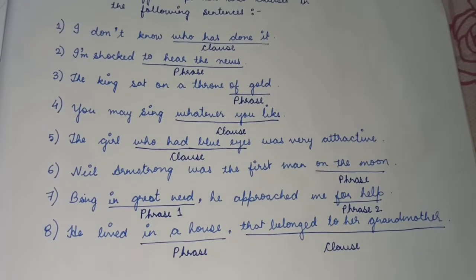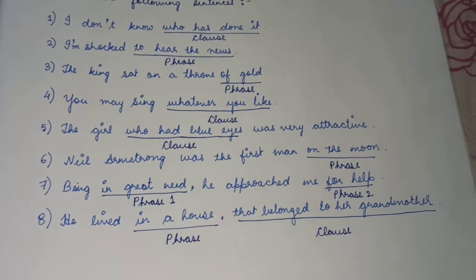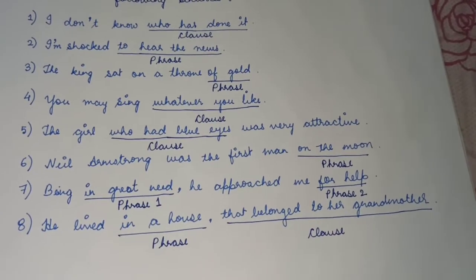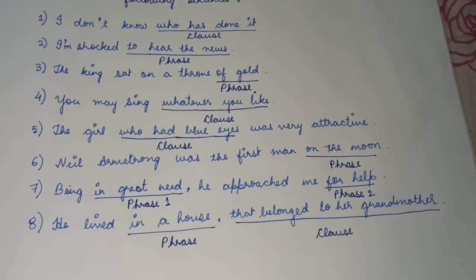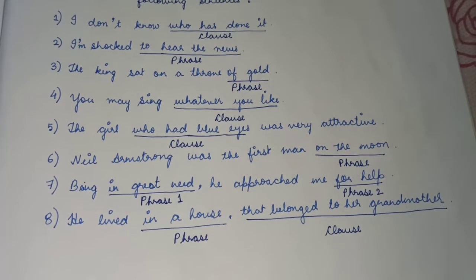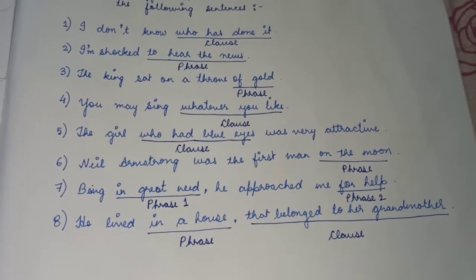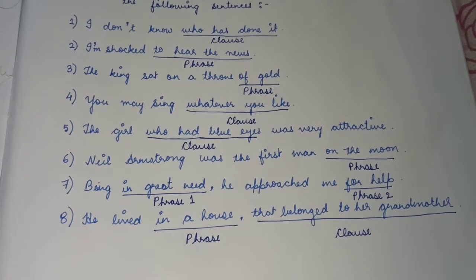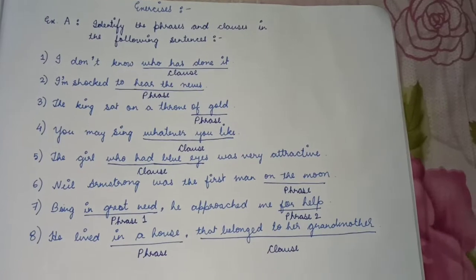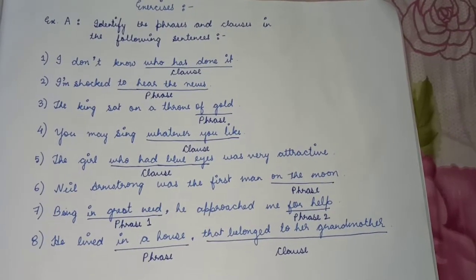The phrase in a house does not convey any meaning, and the clause that belonged to her grandmother has a subject that is that, which refers to the house, and we have a verb that is belonged and a predicate that is belonged to her grandmother.